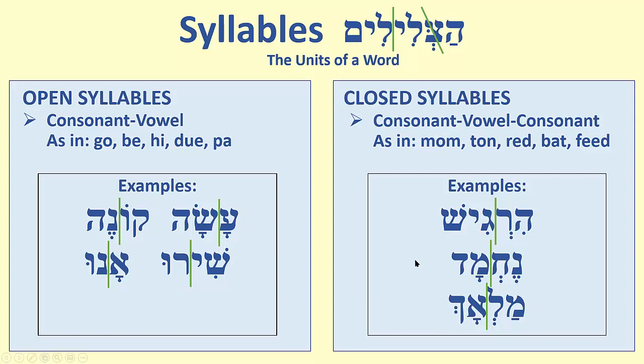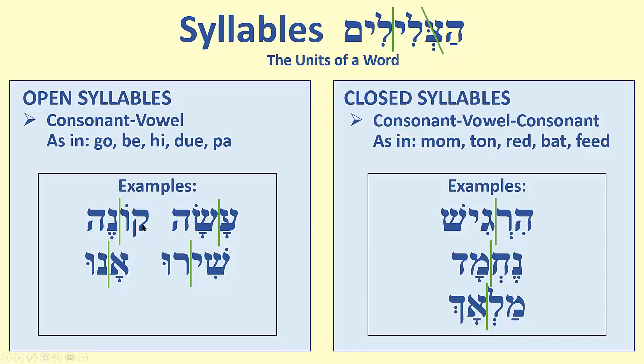We can start with the open syllables right here. We have the word sa. Both of these are open. Sa. There's a consonant and a vowel. Here, the vowel is this symbol underneath the sin and the hey. They work together to make a single vowel sound. The hey is not a consonant here.